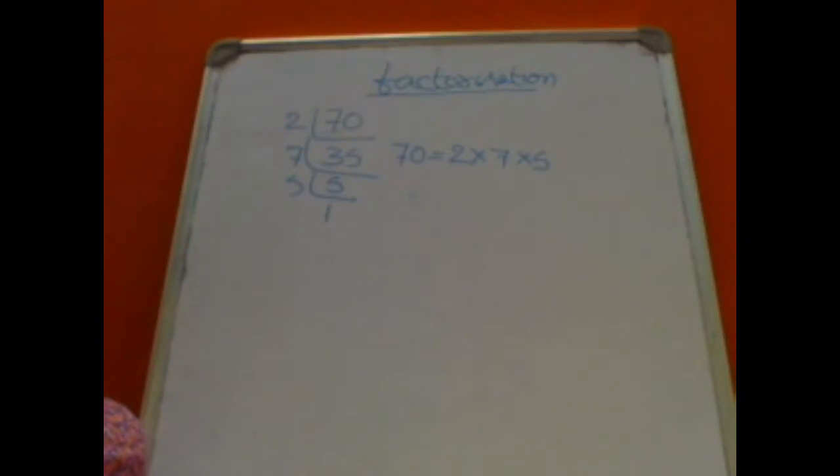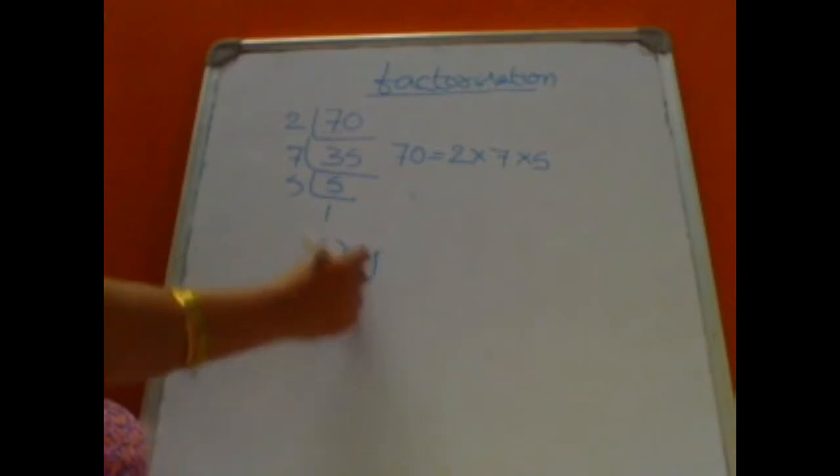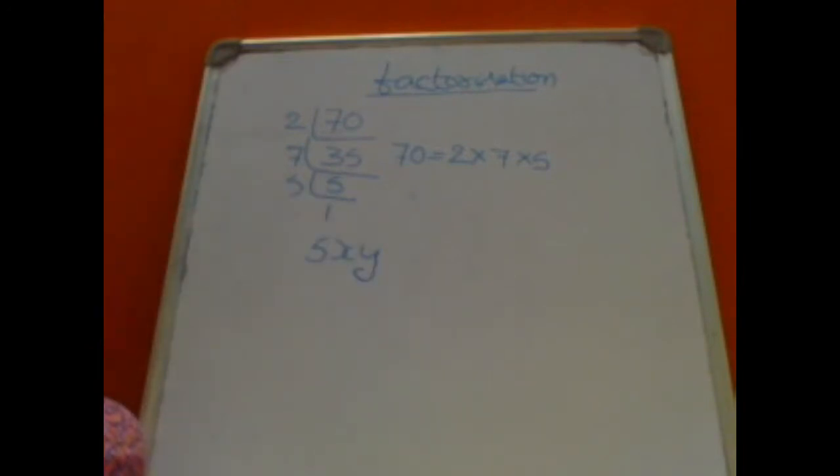Same way we can factorize the algebraic terms also. We all know what is an algebraic expression and what are the terms of an algebraic expression. Suppose I write 5xy. You can call this an algebraic expression, and you know that algebraic expressions are divided based on the number of terms, and here we have only one term, so we can call this a monomial.